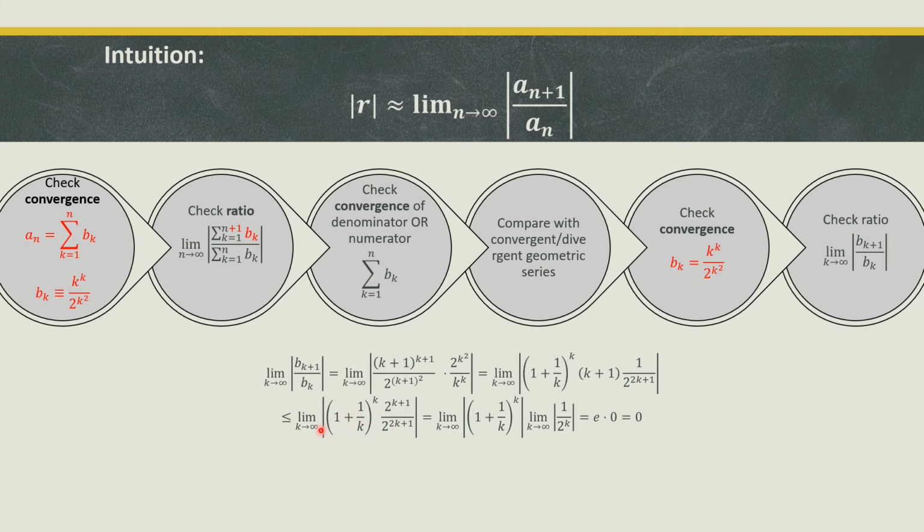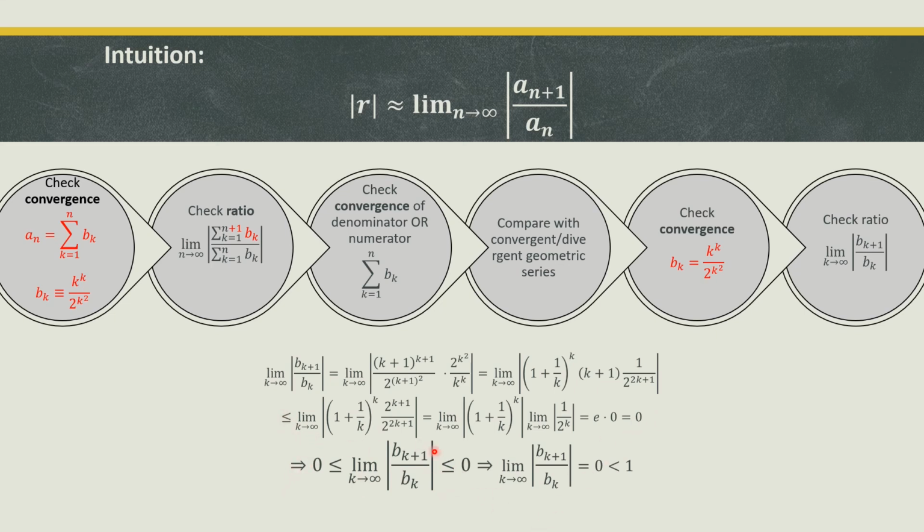So what we did is we just separated the limits because we know this limit. The first part is just e, and for the second part, if you subtract the exponents, we get this. The second part is 0, so we have e times 0, so we get 0. And 0 is less than 1, right? Even before we jump to that conclusion, we say that 0 is less than or equal to the limit we're looking for, since we know this is non-negative, and then less than or equal to, from here, 0 again.